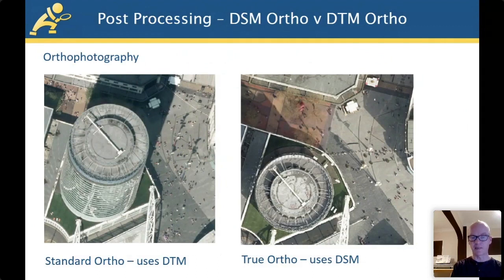Whereas if you're using the DTM, you haven't got quite as much information, and for tall buildings you might get a bit of building lean, and that is critical if you're wanting to derive data on the ground from the photography. You don't want to be losing information under that building. So a technological advance is the ability to create a true ortho using the surface model with all that 3D information when you're ortho rectifying and projecting it onto your 2D mapping plane.